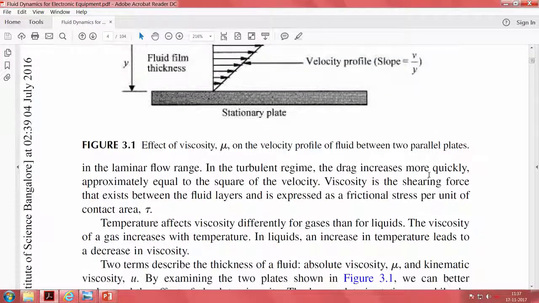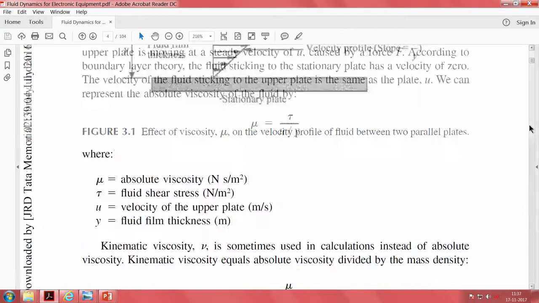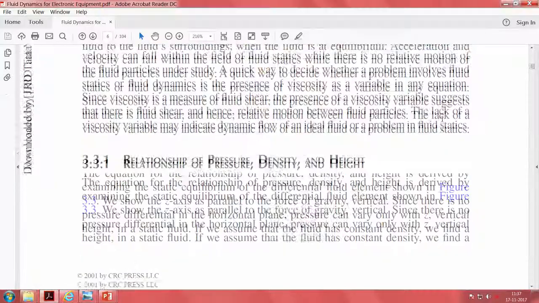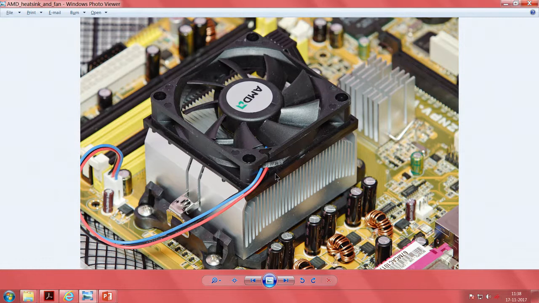If you know the viscosity, if you know this, then what is laminar and all that, the theory part of it has been there. While this is a convenient book, I feel you should read it absolutely. Then we have fluid dynamics as well as pressure, density and height, and heat transfer theory. Then commercial prior art is also there.